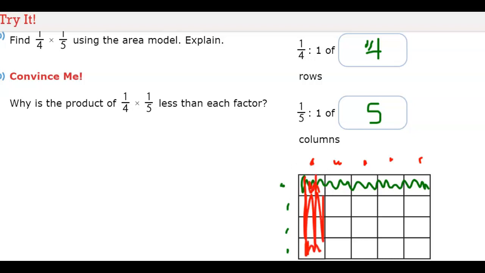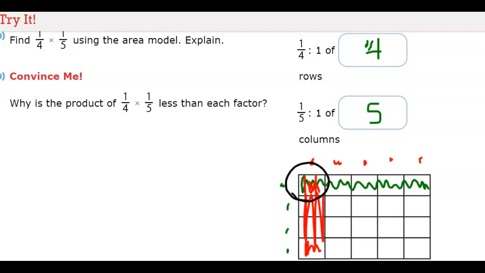Okay. Now, like the example showed us, when you are looking for the product, you find where they overlap. So the place in which they overlap is here. And so that's the only overlap, over 1 square. And then there's a total of 20 squares.